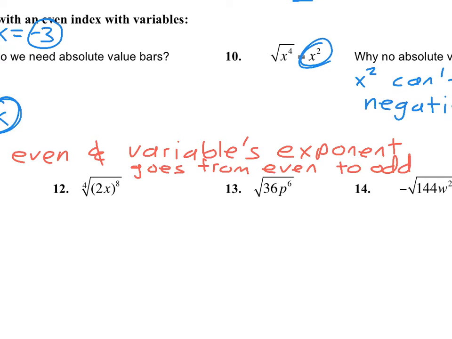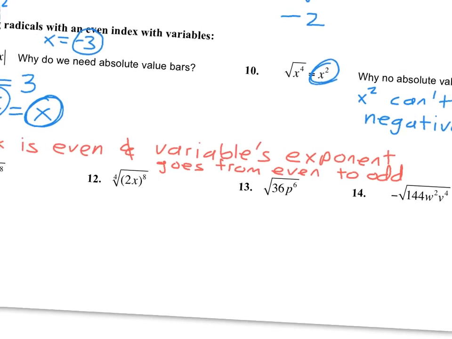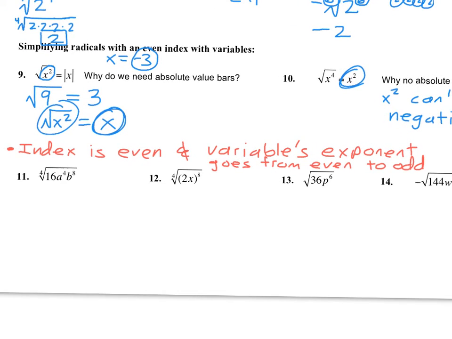So again, you need absolute value bars when the index is even, and then you simplify, and the variable's exponent goes from even to odd.